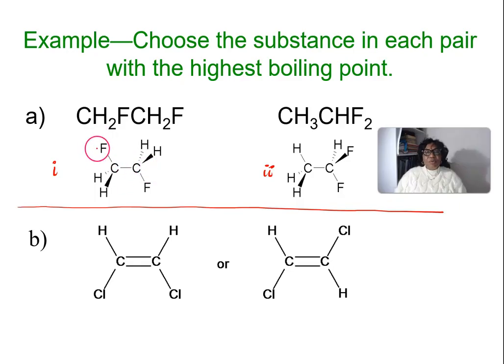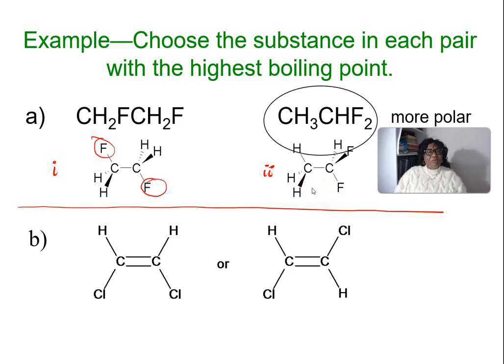In this one, you see the fluorines are oppositely charged. They are opposite, they are staggered. So their polarity cancels. So the dipole for this is 0, but this is polar. So because this is polar, of course, this will have a higher boiling point. I2 will have a higher boiling point, because it's more polar.